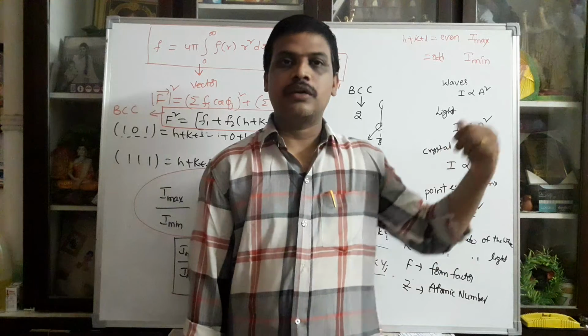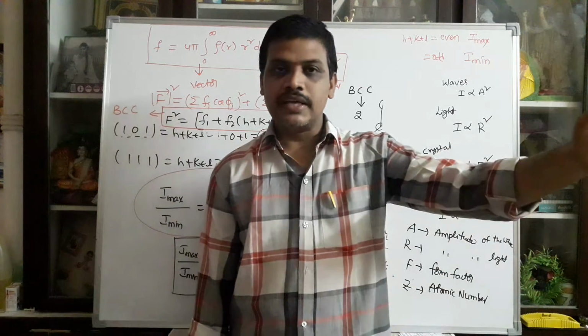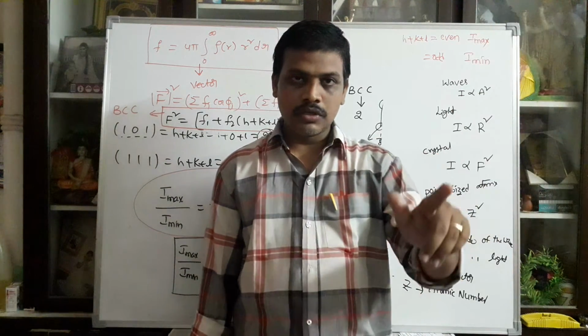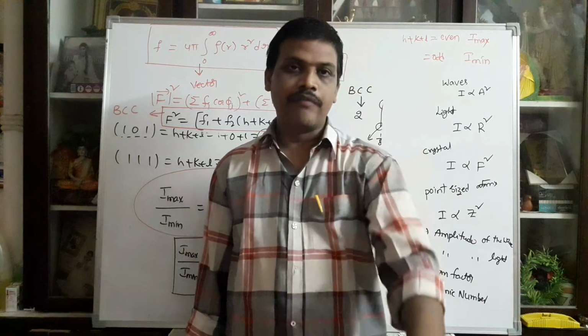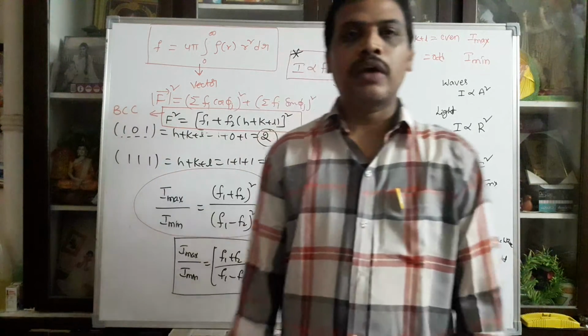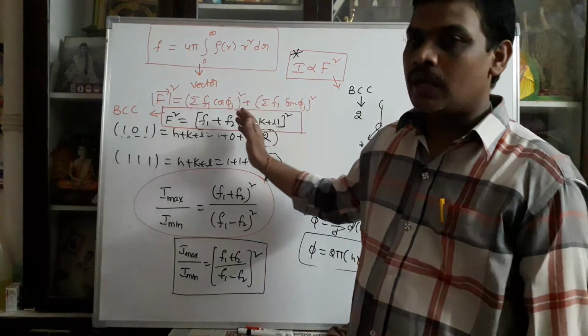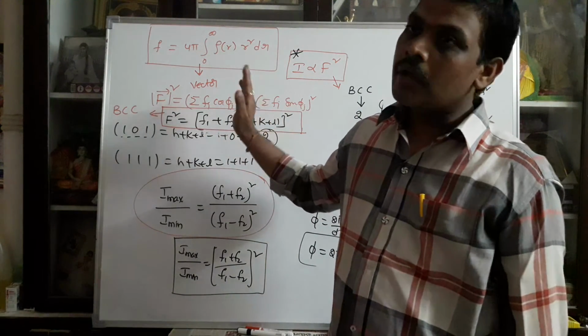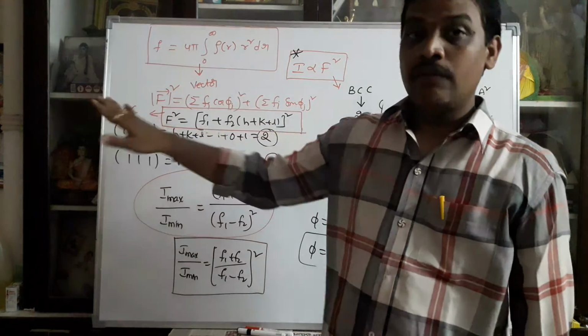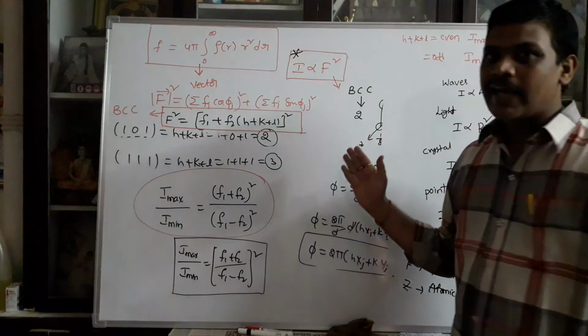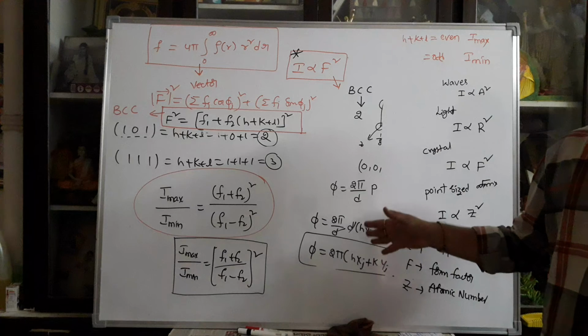Once the X-rays are diffracted, their intensity is always proportional to the square of the form factor. The derivation of the form factor value I showed in the last class, and with respect to vector form you can derive it in today's class also.